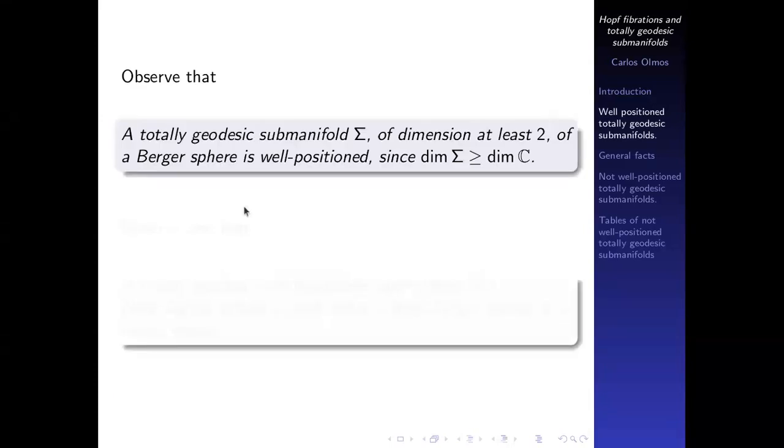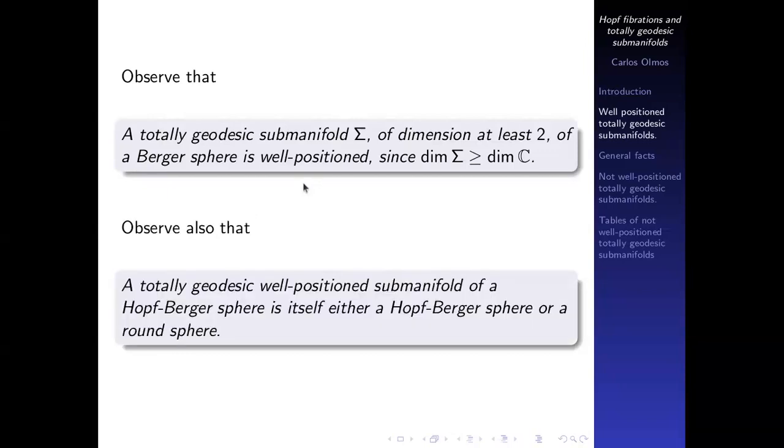So observe that a totally geodesic submanifold of dimension at least 2, as we said before, of a Berger sphere is well positioned, since the dimension of sigma is greater or equal than the dimension of the fiber plus 1. And so they are always well positioned. A totally geodesic well-positioned submanifold of a Hopf-Berger sphere is a geodesic sphere intersected with a totally geodesic submanifold, so it is a geodesic sphere in the totally geodesic submanifold.